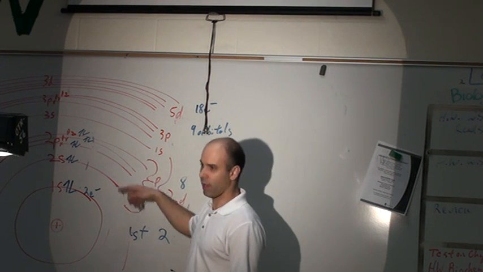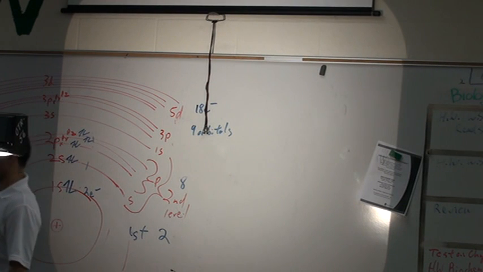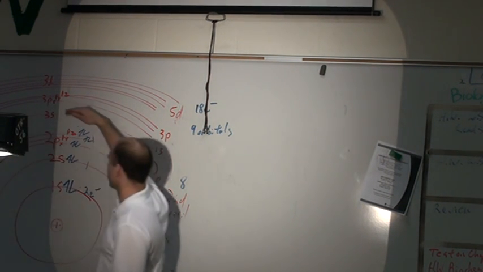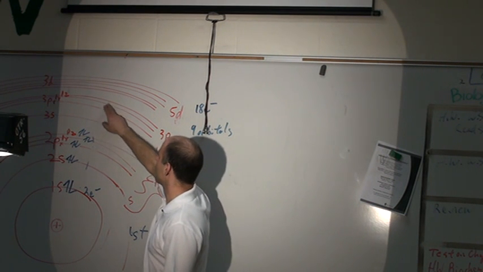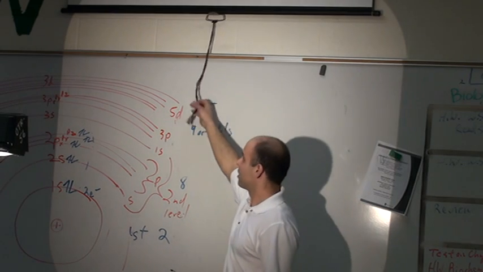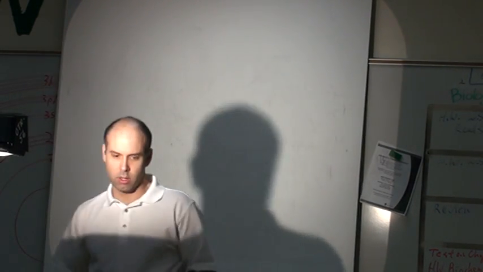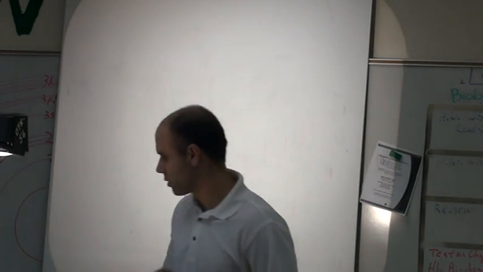And we drew 4 graphs yesterday. Third energy level, n equal to 3. How many orbitals? 3 squared is 9. So I should have 9 lines. 1, 2, 3, 4, 5, 6, 7, 8, 9. Okay? So the number of orbitals is equal to the energy level squared.